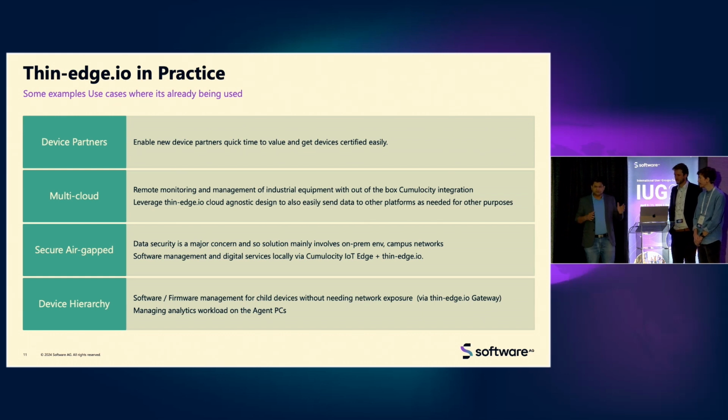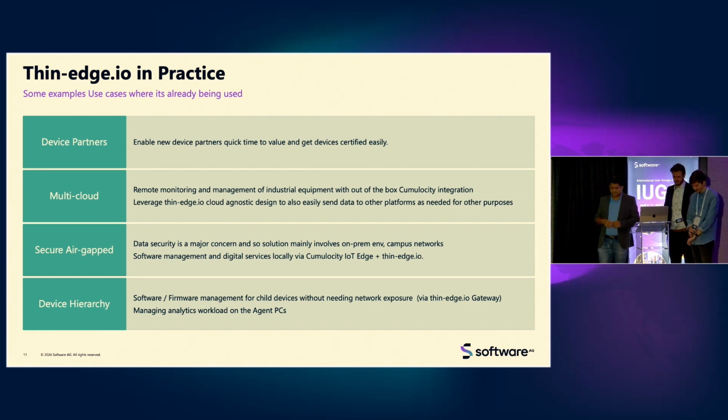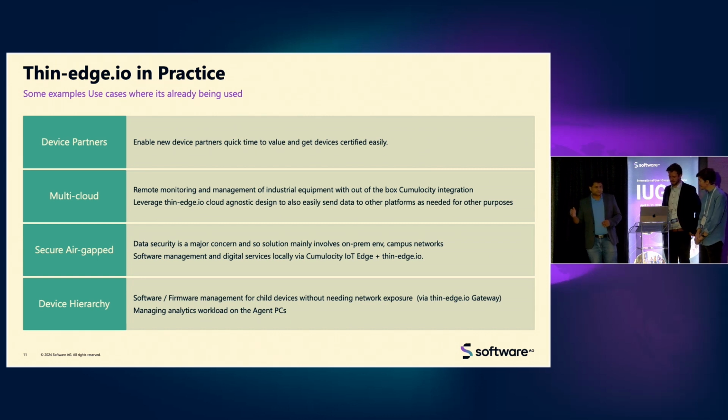At the point where you want to push your data from the local edge to the cloud, that is also totally possible. And then, as I highlighted, you have the device hierarchy case where some of our customers are using it to handle their full device hierarchy, with analytics workload being provisioned not just on the gateway device, but the whole device hierarchy stack.